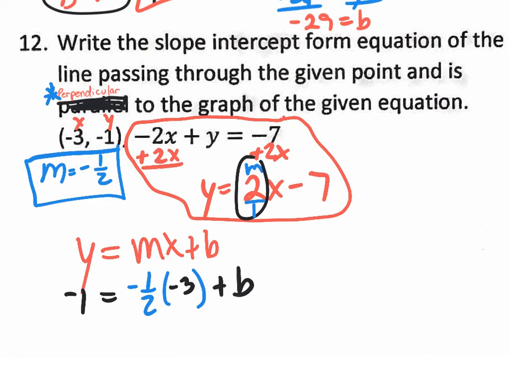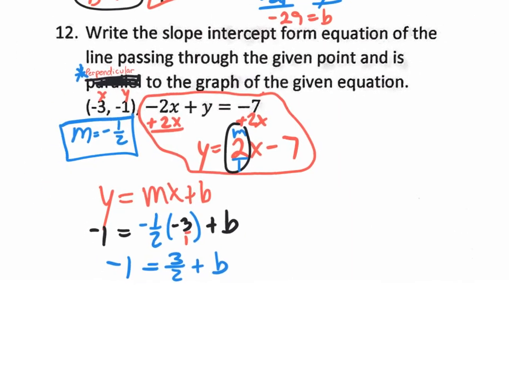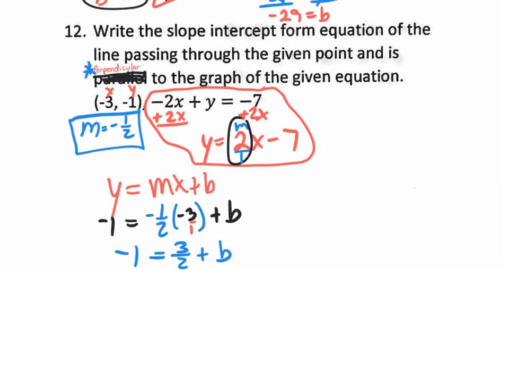Plus b. So when we multiply 1/2 times negative 3, you can put the negative 3 over a 1, then simply multiply negative 1 times negative 3 and get a positive 3, and then 2 times 1 and get a 2. So your new fraction will be positive 3/2 plus b equals negative 1. Now, at this point, you could deal with the fraction 3/2. 3 divided by 2 is really 1.5. And then you could subtract 1.5, and that'll give you a negative 2.5 value of b.